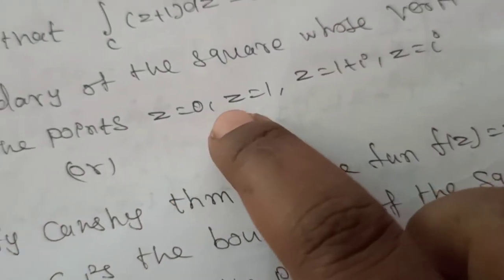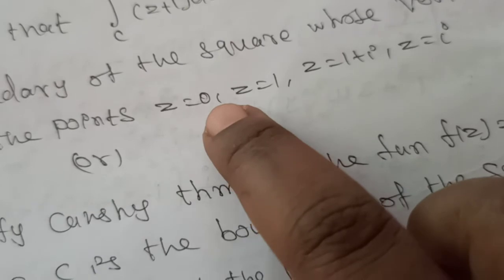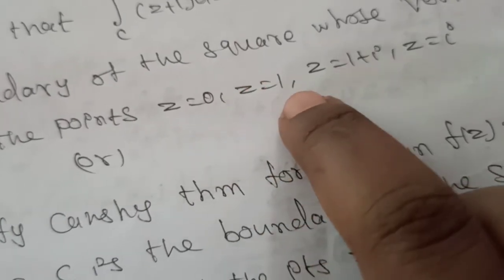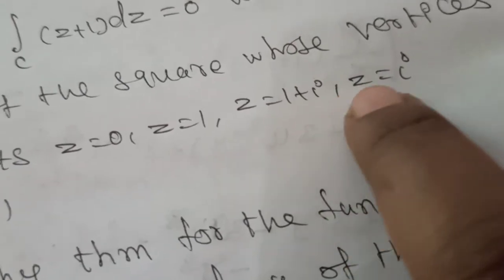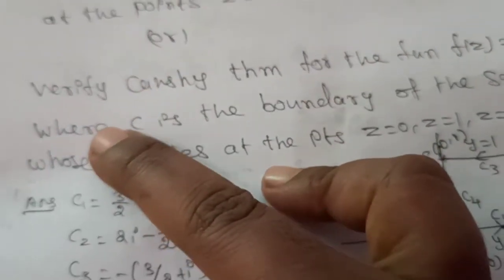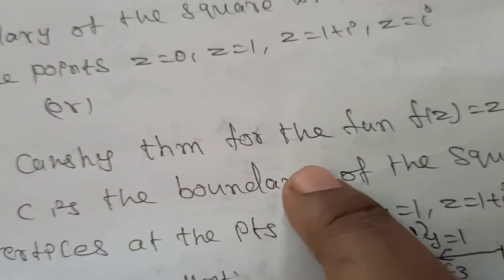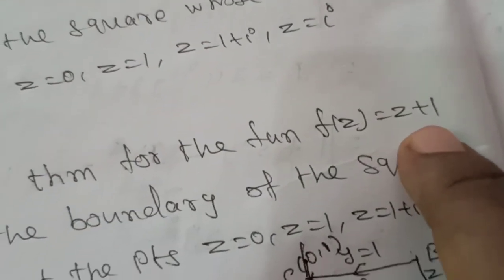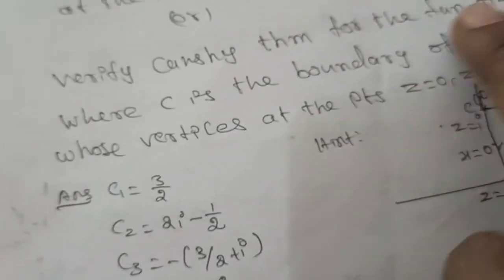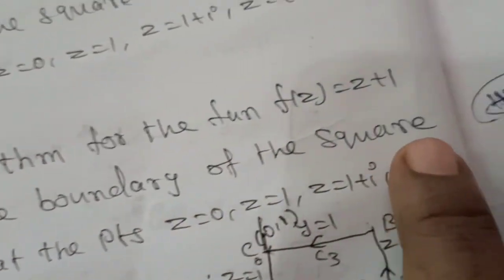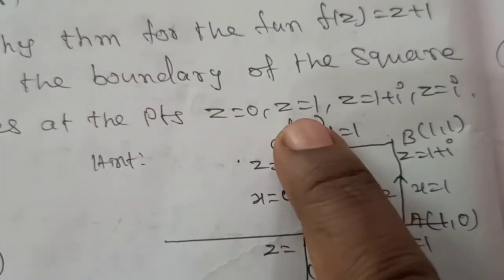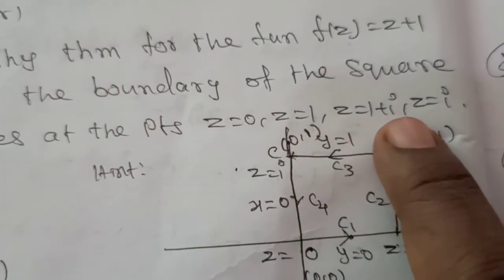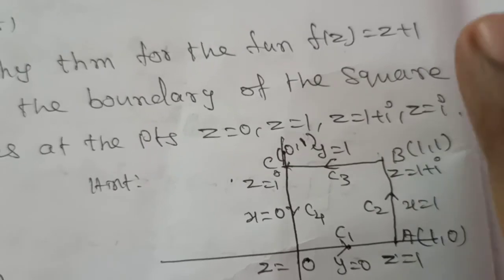The real values of x are 0 and 1, and the imaginary values of y are 0 and 1, not negative. Or verify Cauchy's theorem for the function f of z equal to z plus 1, where C is the boundary of that square.